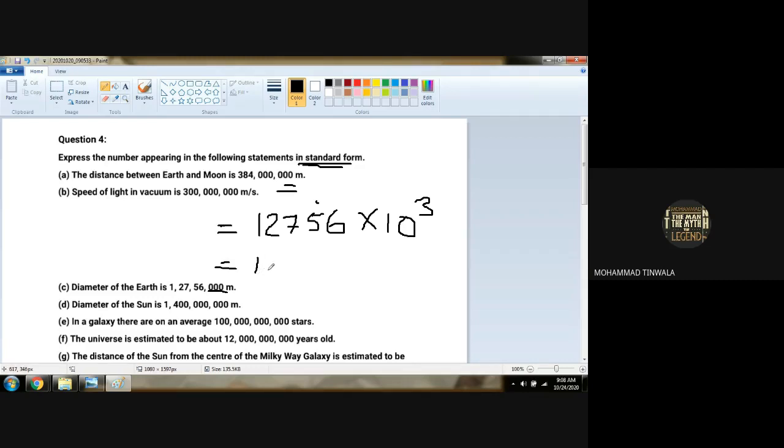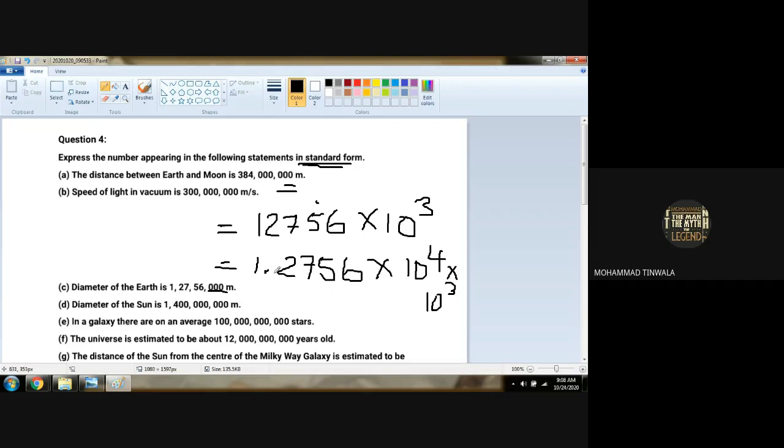Second step is 1.2756 multiply 10 raised to the power 4 multiply 10 raised to the power 3.